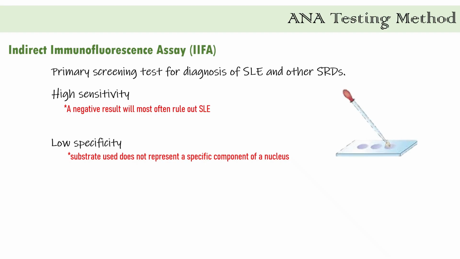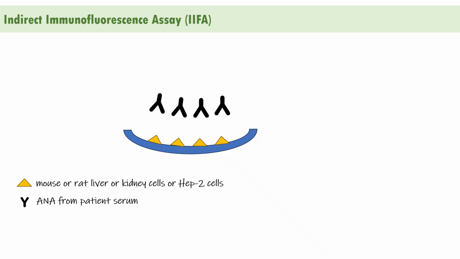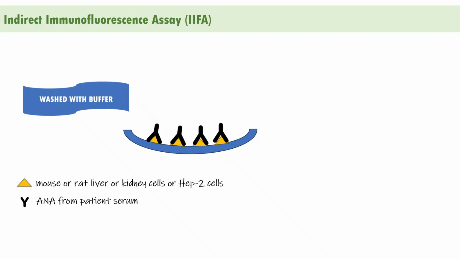So in this method, the patient's serum is introduced into a well that contains our substrate. The substrate used can either be mouse or rat liver or kidney cells, or cell culture such as HEp-2 cells can also be utilized. Then, if the ANA is present in the patient's serum, it will bind to the substrate. The next step is to wash it with buffer in order to remove unbound antibodies to avoid test interference.